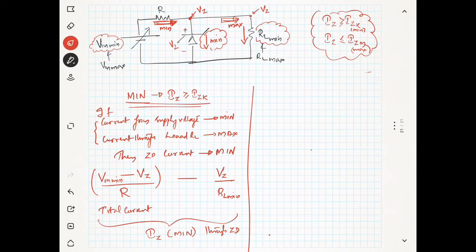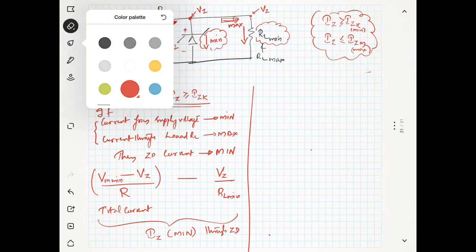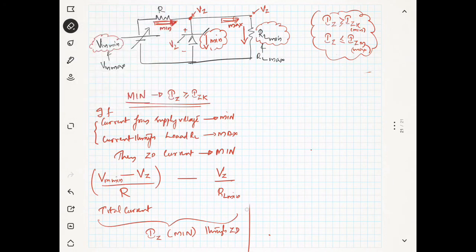Now you got the equation, and this whole quantity you are getting here should be greater than or equal to Izk. So this is the minimum condition.